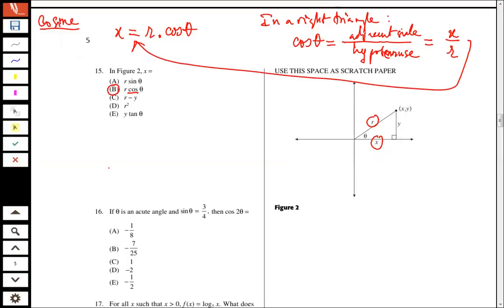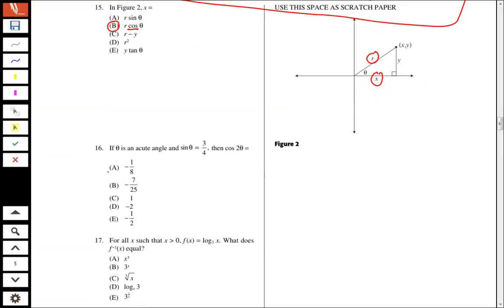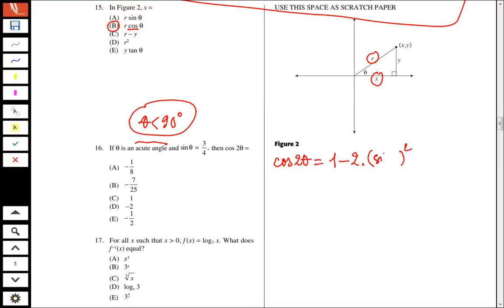If theta is an acute angle, I mean in question number 16, acute angle means that theta is less than 90 degrees. But I think that we don't need to use this information, because we know that cos 2 theta equals 1 subtract 2 times the square of sine theta.